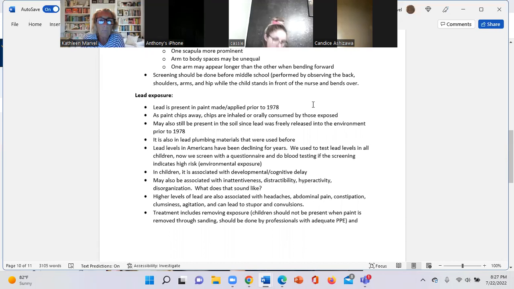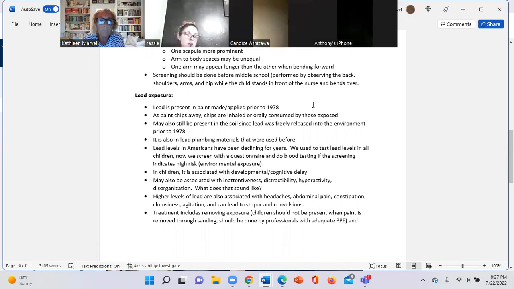Where does lead come from? Paint chips, right? It can also come from the soil, but paint chips. Exposure to lead can be very unhealthy for kids.